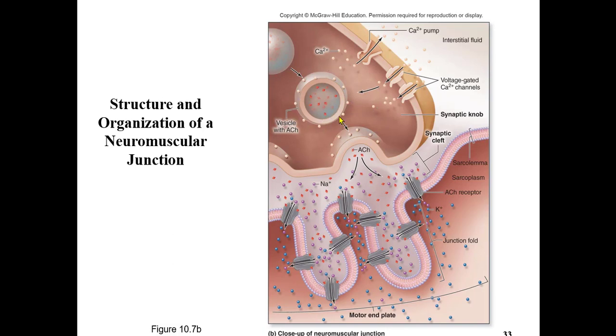And remember what a vesicle is. It's anything that moves things around, like a transport container. This vesicle contains a neurotransmitter called ACH. The full form of ACH is acetylcholine. It's a key main neurotransmitter.